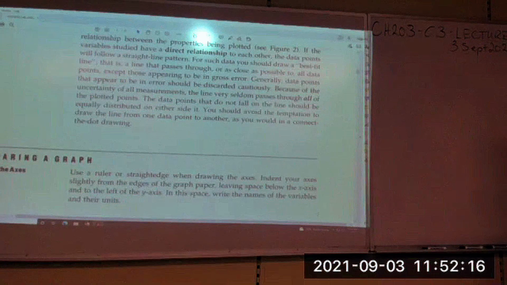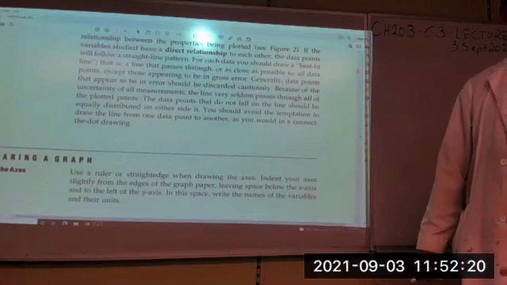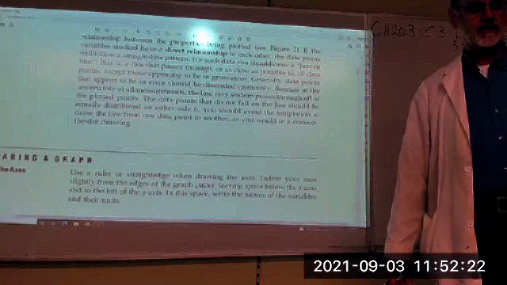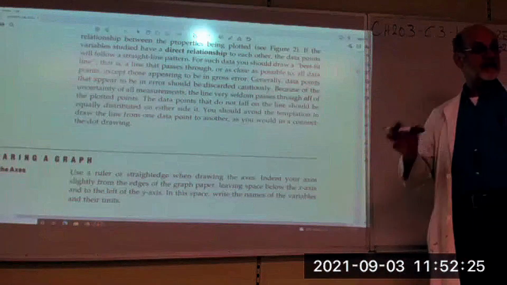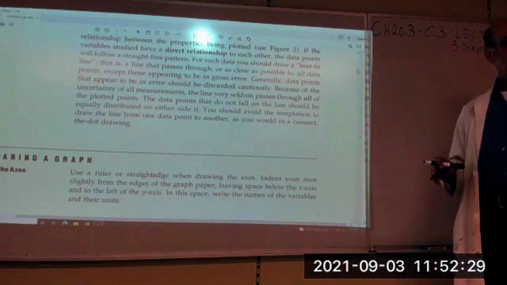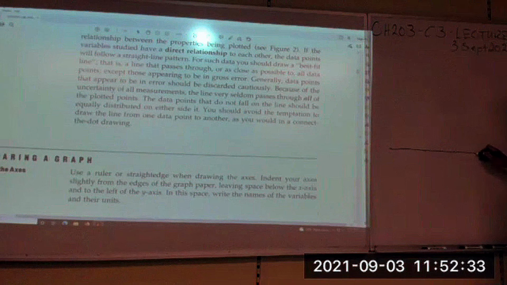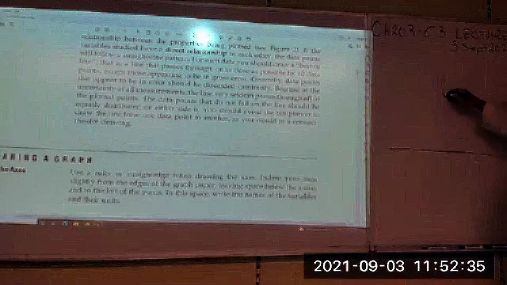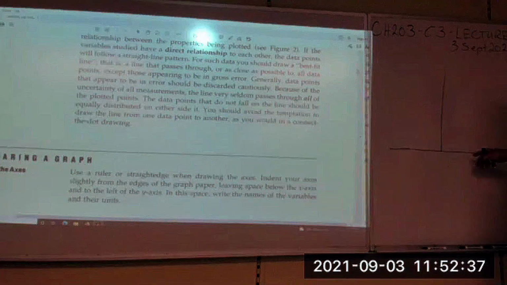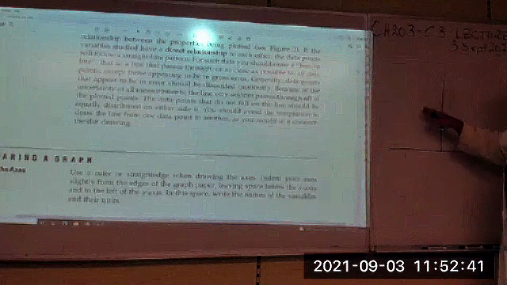Drawing the axes. I mentioned earlier, it's possible to have negative values. So consider those also. The range includes the negative values too. Kelvin is a perfect example. When he was proposing his system, he used 2 quadrants, the positive and the negative.